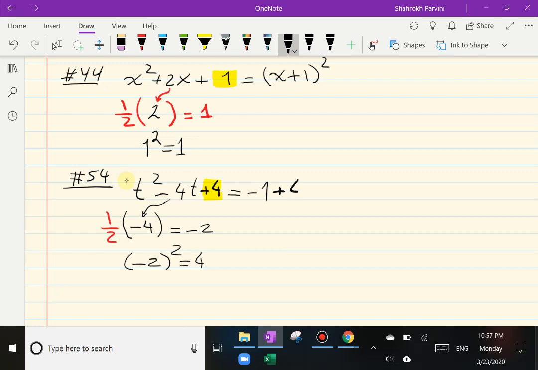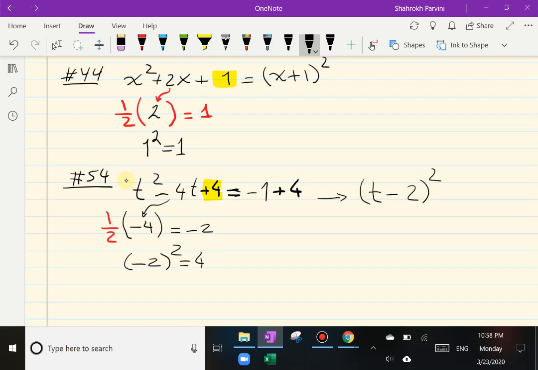Now, we need to add 4 to the other side to maintain the balance or the equilibrium of the equation, right? We have an equation. So anything we do to the right side, we got to do to the left side. So that's what we did. Now, at this point, on the left, we're going to exchange these 3 expressions in exchange for t minus 2 squared.